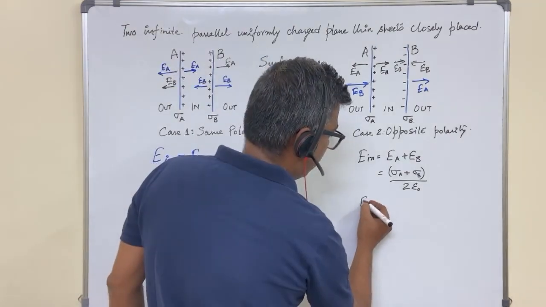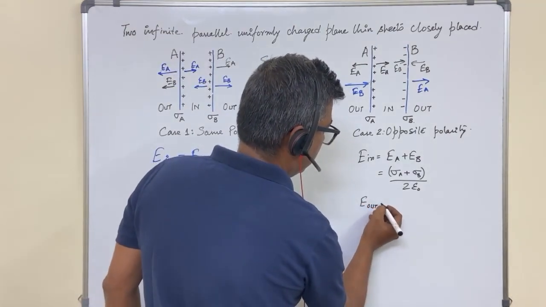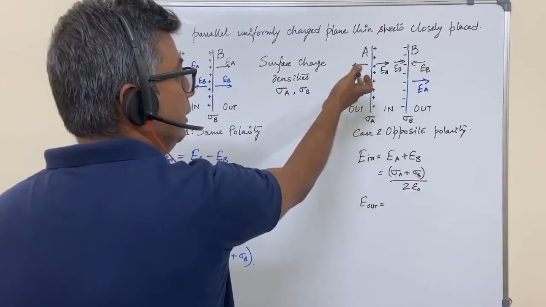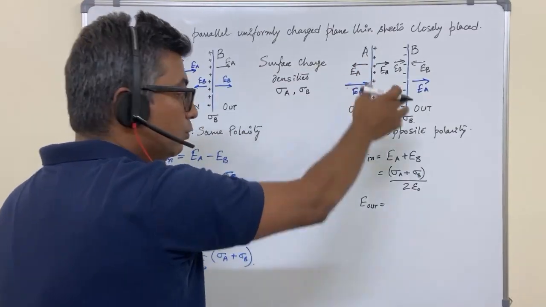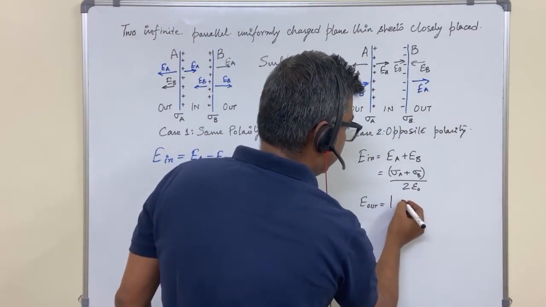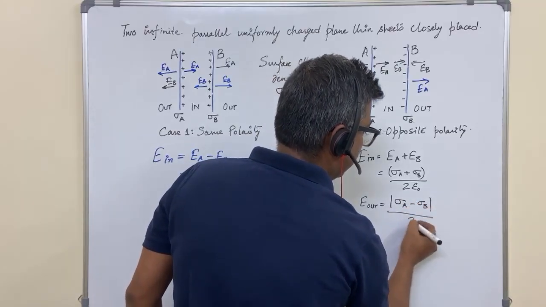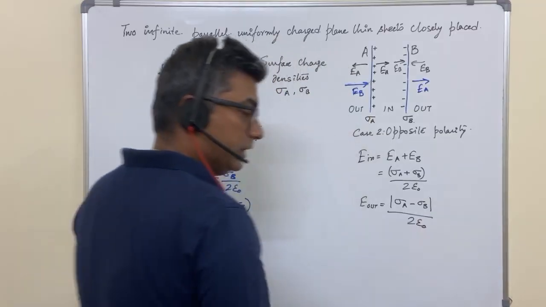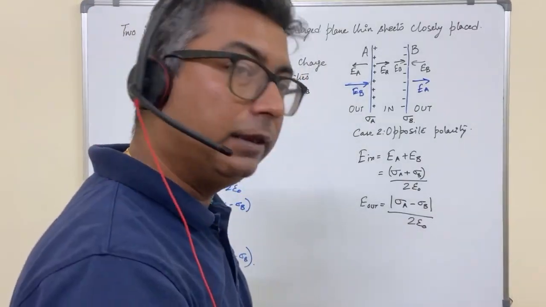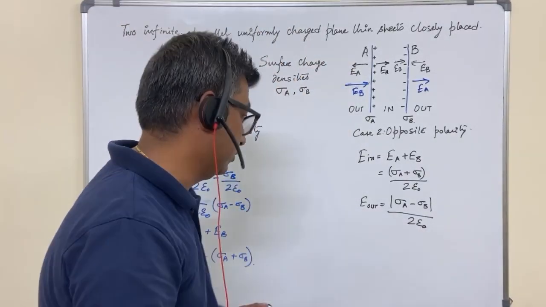And what happens outside? Whatever direction you want to take, you can put a mod here and say sigma A minus sigma B by 2 epsilon naught. Whichever is the higher value, you can decide the direction later.